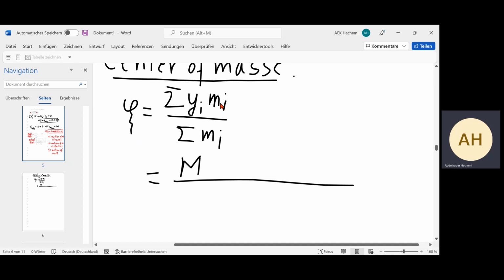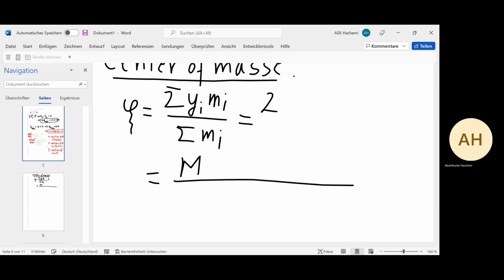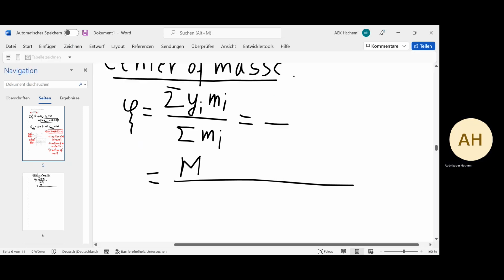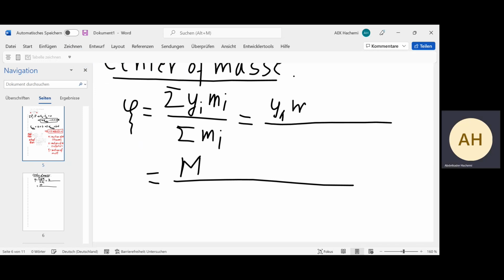For simplification, we have y1 m1 plus y2 m2 divided by m1 plus m2.